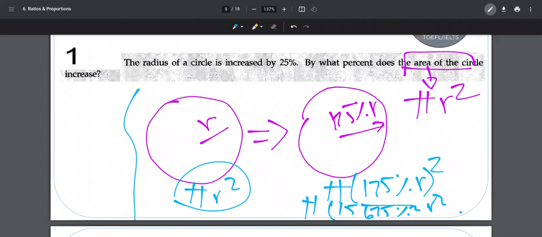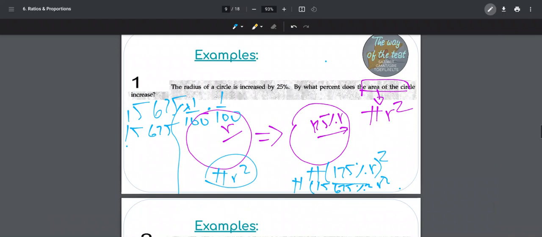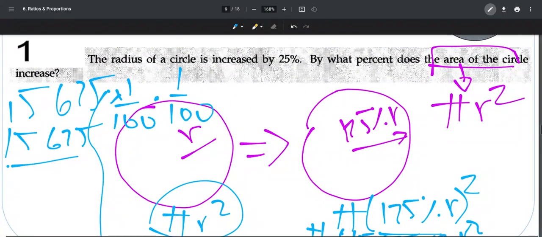Now, the percent you have to remember is over 100. I could have done this at the beginning, but I just let it go. So this big number I have here, 15,625, and the percent is also squared. So it's like 1 over 100 times 1 over 100, which means I have this big number over 100 times 100.